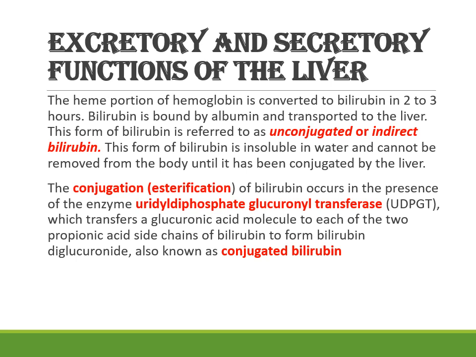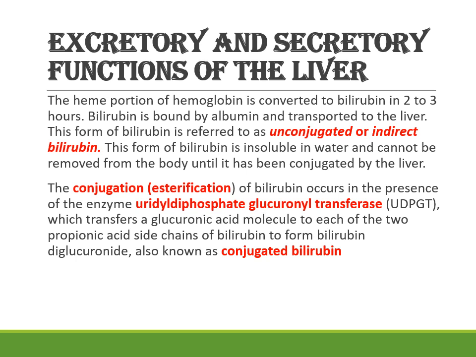So once a mature red blood cell reaches its lifespan of 120 days, it will undergo degradation, which will lead to the release of hemoglobin. Now, the heme portion of your hemoglobin will be converted into bilirubin.